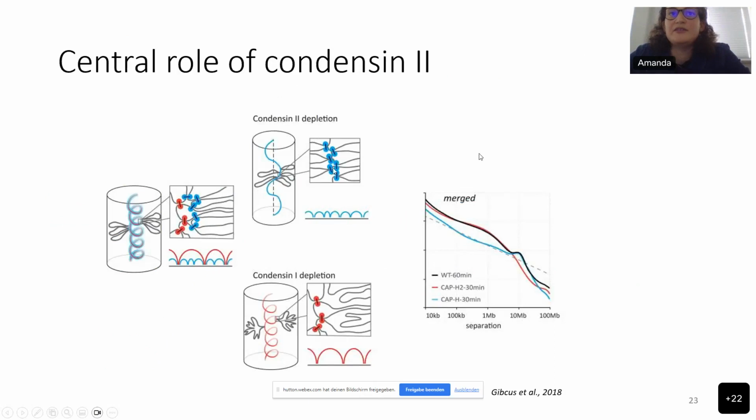And when they depleted condensin 2, the bump wasn't there anymore, but this lower level was still correct. So they proposed that condensin 2 would form the helical scaffold, and condensin 1 would come alongside it, forming smaller loops of chromatin.